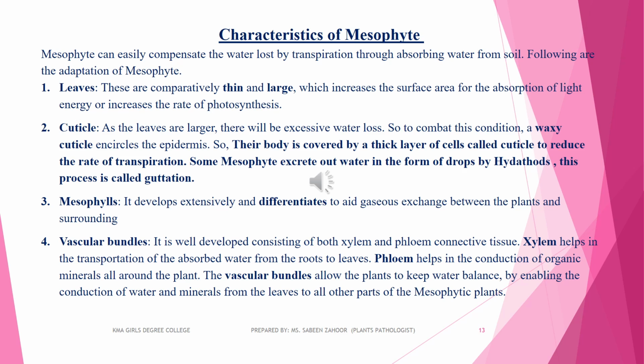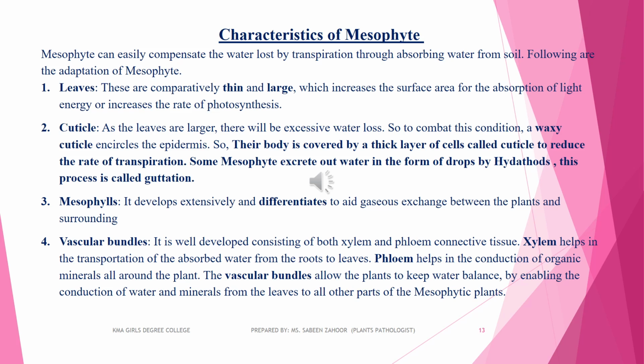Some mesophytes excrete water in the form of drops by hydathodes. This process is called guttation. Now keep this in mind that mesophytes can perform transpiration because they can easily absorb water from the soil and easily transpire water from the stomata during the daytime in the form of vapors, right?